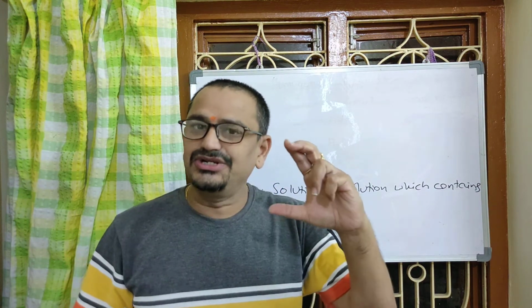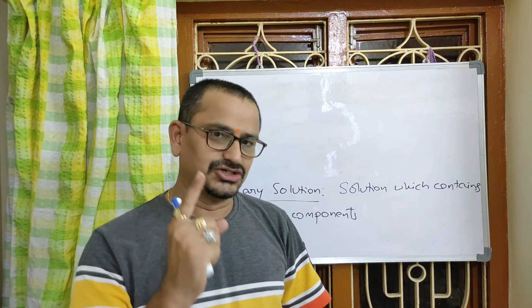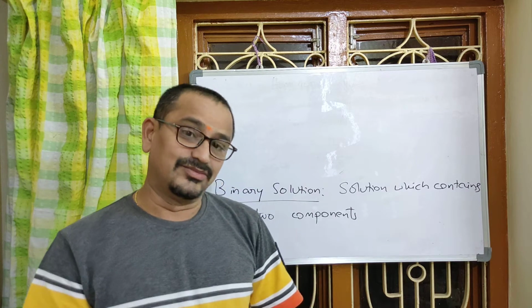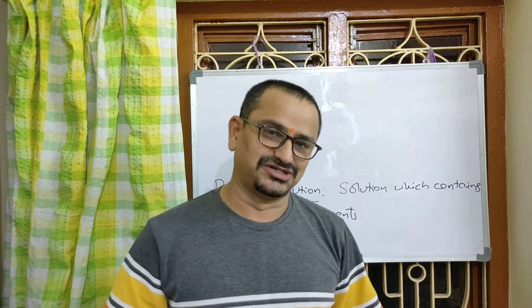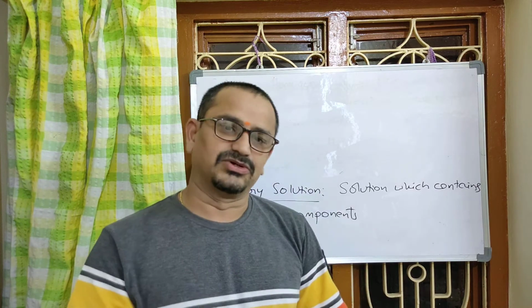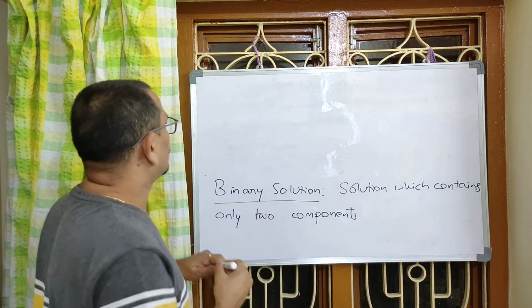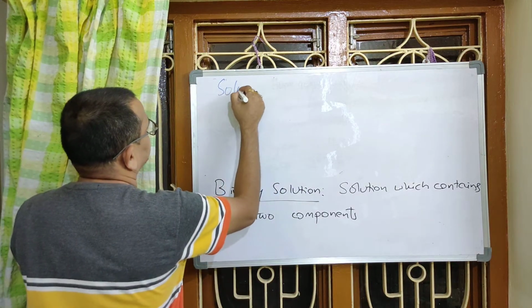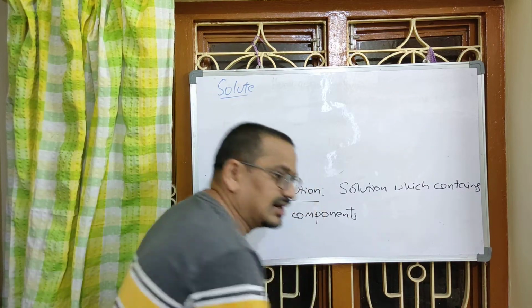In this solution you have prepared, there are two components. One is sugar, other one is water. Among the two components, which is in less proportion? Yes, obviously, sugar is in less proportion. Such a component which is in less proportion is usually called as solute.